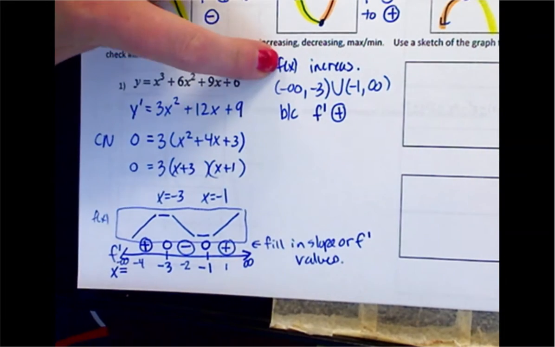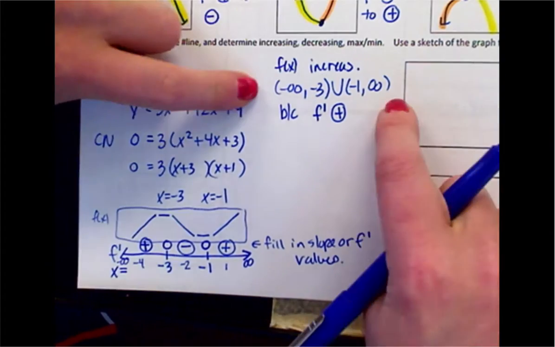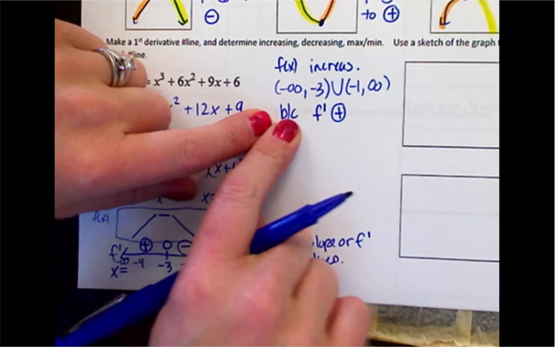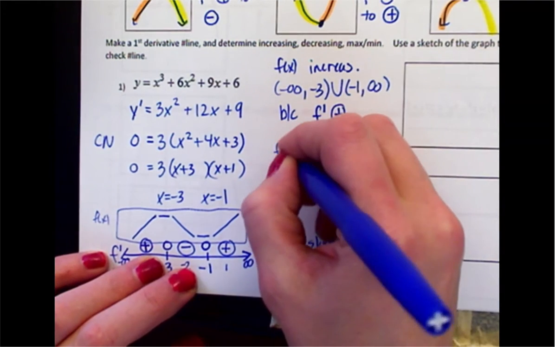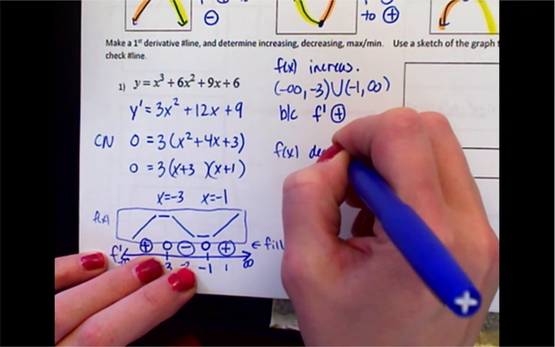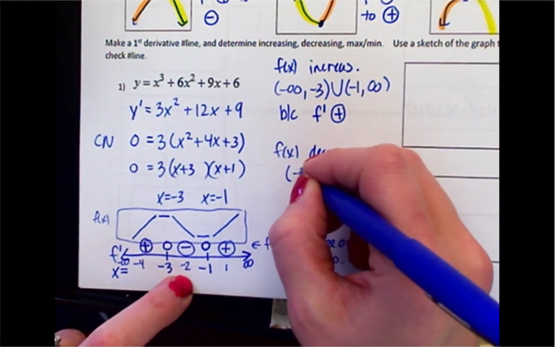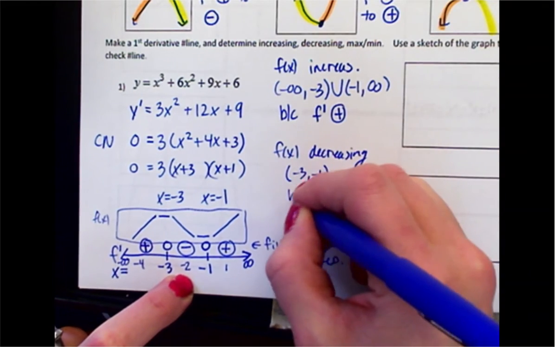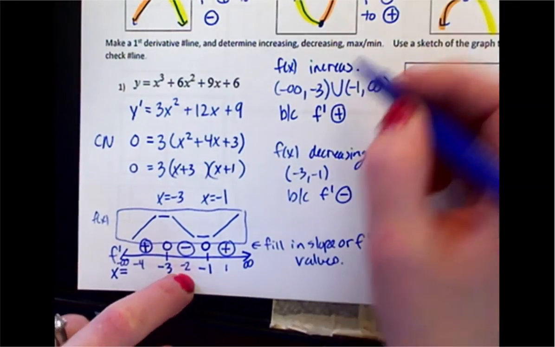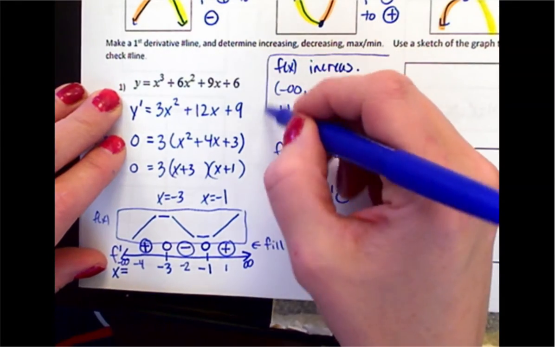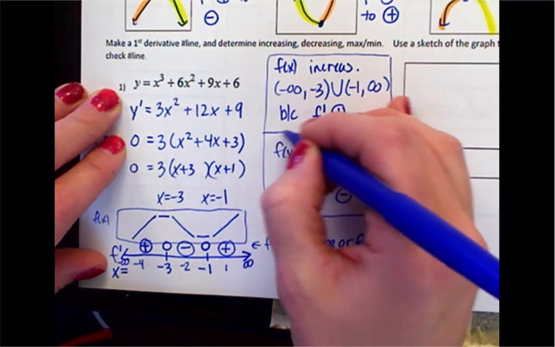Okay? F of x, the original graph, is increasing here because f prime is positive. F of x is decreasing here because f prime is negative. I'm just putting those 2 sentences in an answer box.